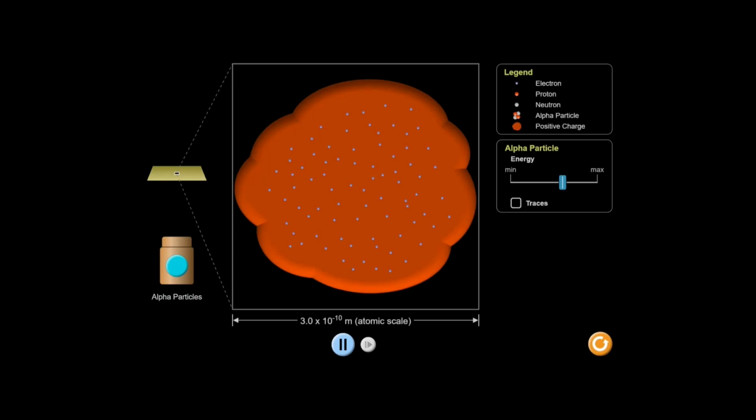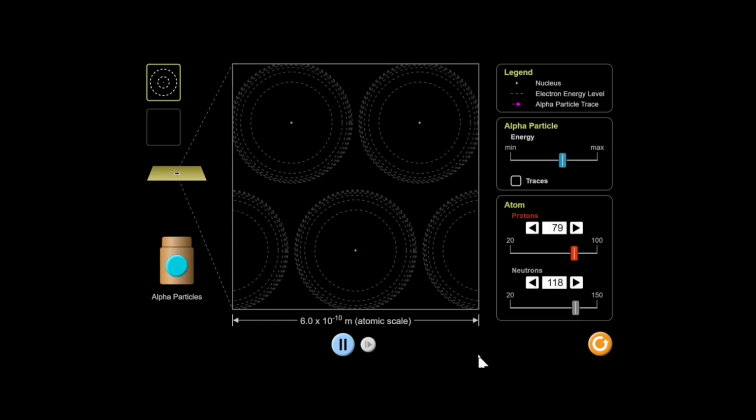And if we fire the alpha particles, they'll just pass right through without interacting. What Rutherford found, in fact, was that when he fired them, some of them were deflected. In fact, some of them actually bounced back.